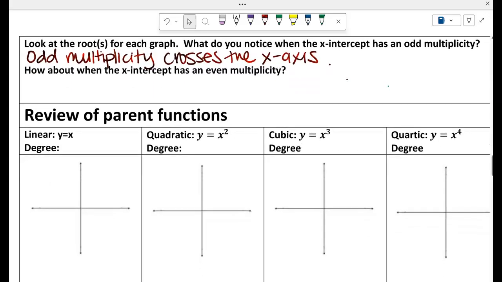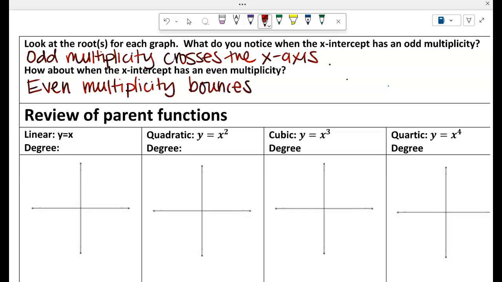Then we have even multiplicity: bounces, or we can say touches the x-axis.